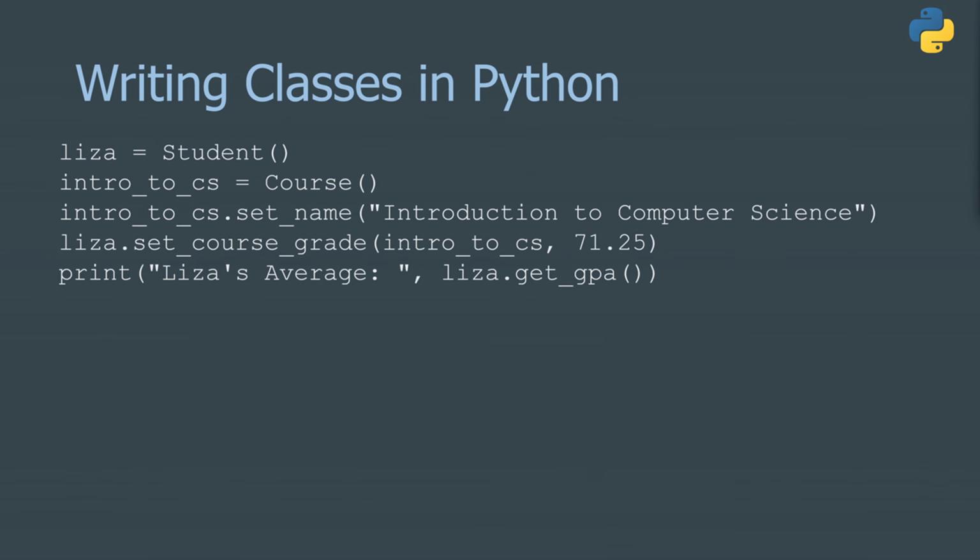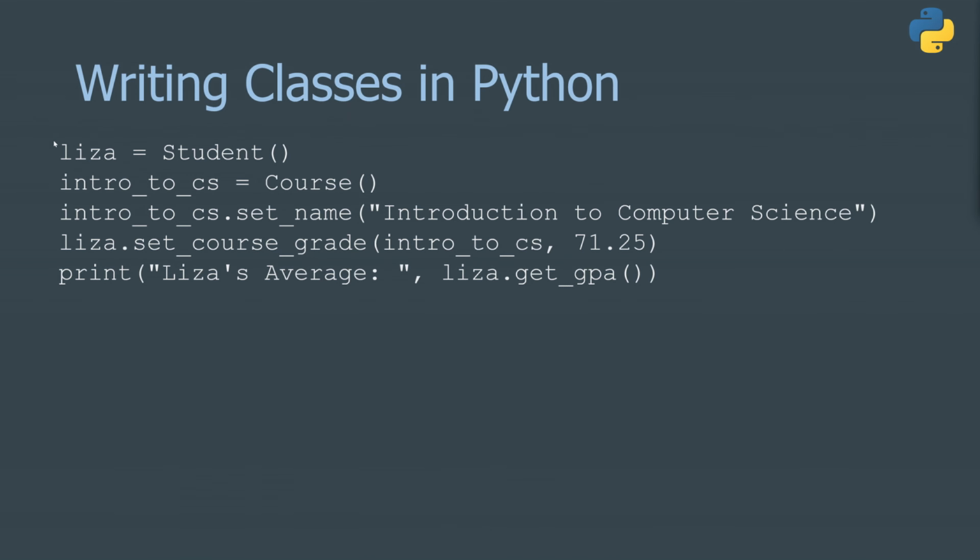Liza is sort of a variable that points to where that student is. That's not super important, but when you write a function, it's important to note the side effect of that is that it's going to be passed by reference. So if I change Liza, or if I change the student instance inside a function, Liza will also reflect those same changes because it was passed by reference.